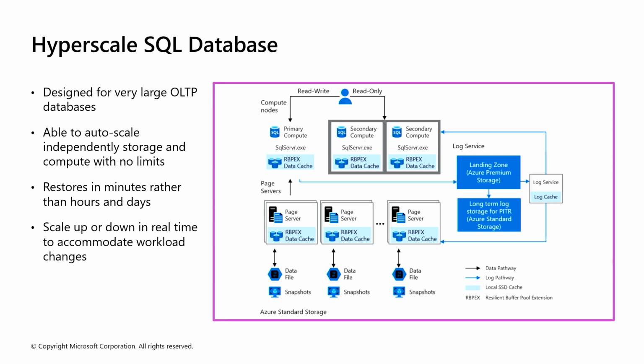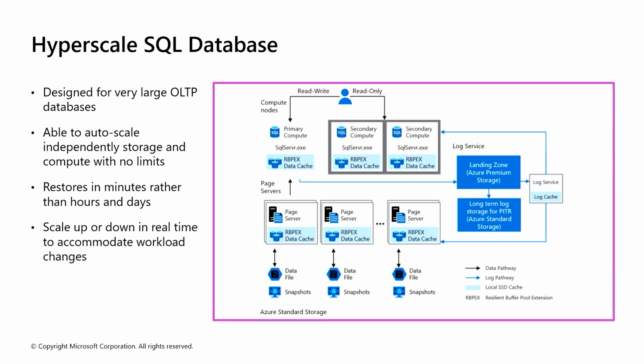Best practices include monitoring performance to adjust compute replicas based on demand, using scale-out for reporting or analytics, and leveraging fast backups and restore capabilities for operational efficiencies. Hyperscale is great for mission-critical apps with unpredictable growth, real-time analytics, and for large SaaS platforms requiring high availability and performance.